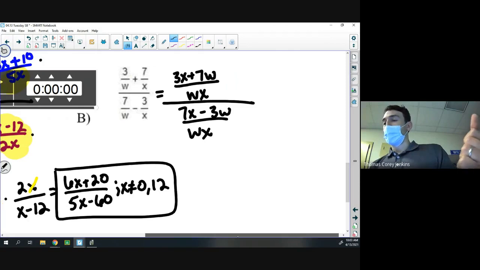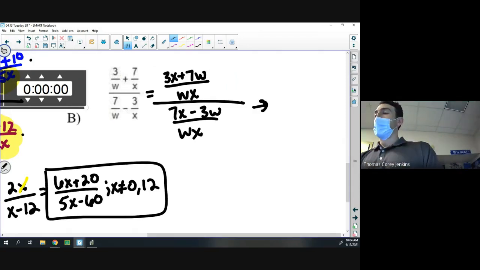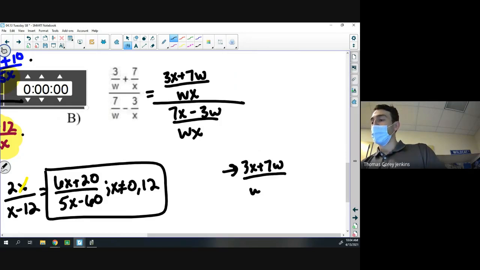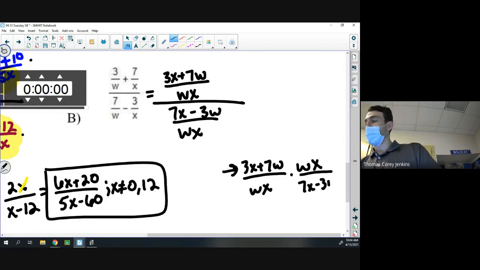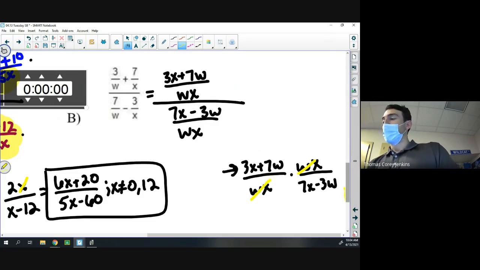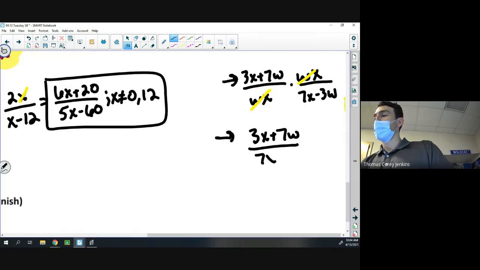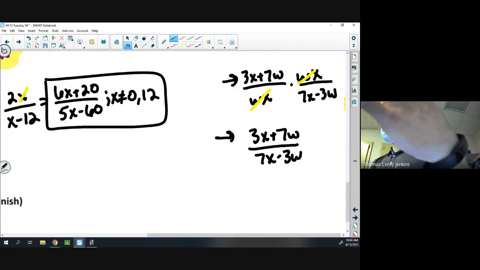At that point, you're ready to multiply by the reciprocal. So that'd be 3x plus 7w over wx times wx over 7x minus 3w. The wx's are going to cancel each other out to be 1 over 1. What we're left with is 3x plus 7w over 7x minus 3w, which is what Chase said, right?